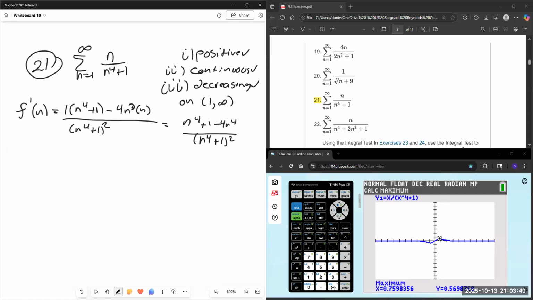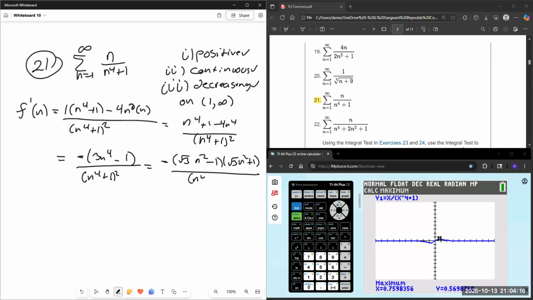And so that's going to be equal to a negative 3n to the fourth minus 1 over n to the fourth plus 1 quantity squared, which is equal to a negative square root of 3 n squared minus 1 times square root of 3 n squared plus 1 over n to the fourth plus 1 squared.